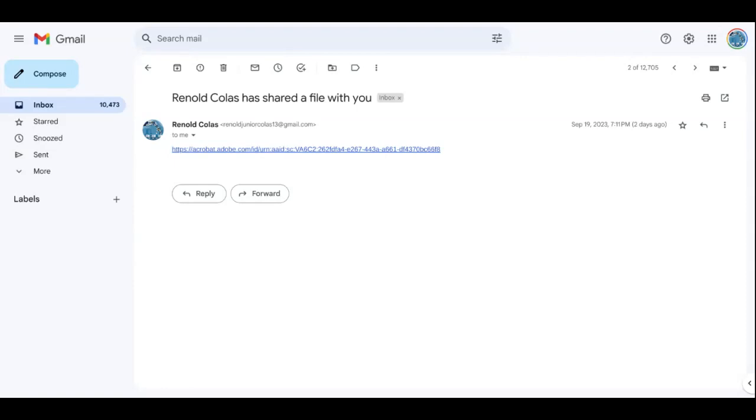This shows you Gmail, Gmail with a link. I don't know why it's not loading.